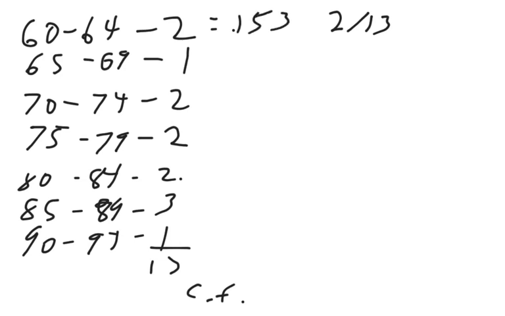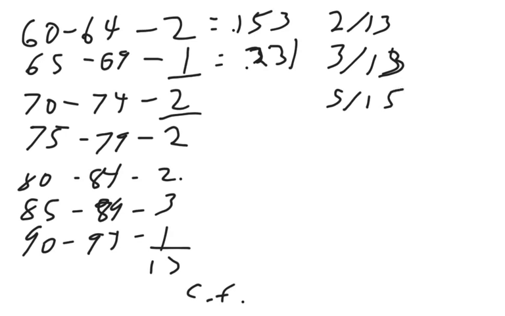Now, for this one, we're going to do 3 out of 13 because we have 2 plus 1 equals 3, and 3 out of 13 was 0.231. And so all these numbers should be getting bigger because we're including more and more people.